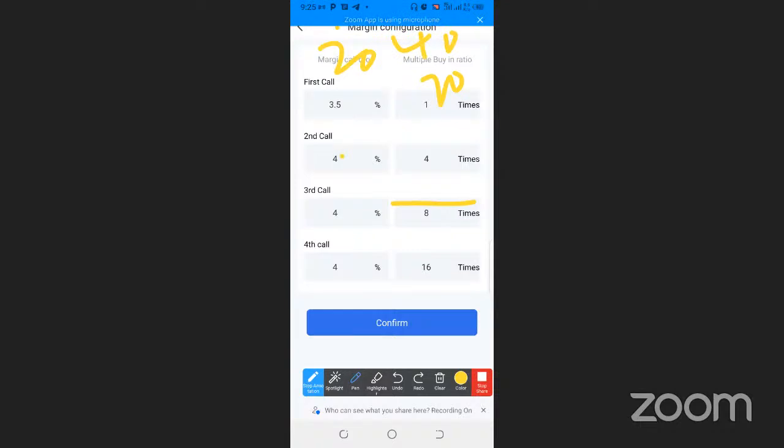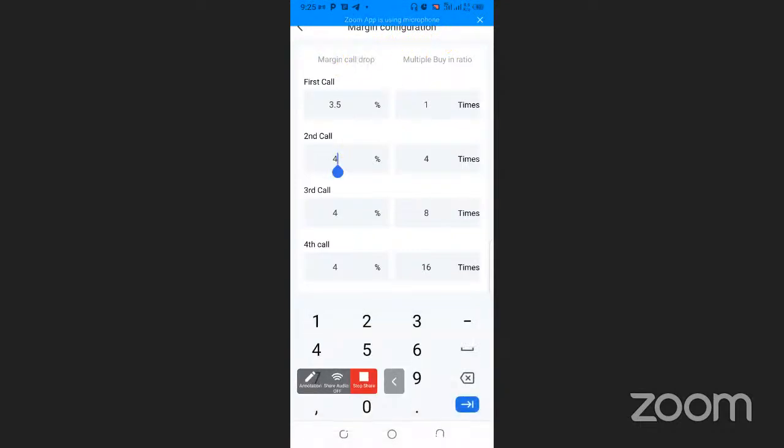And if the market drops again to 7.5%, we are telling the robot to buy 2 times. That means if the market drops to another third call, which is 3.5%, we tell the robot, please buy 4 times for me.